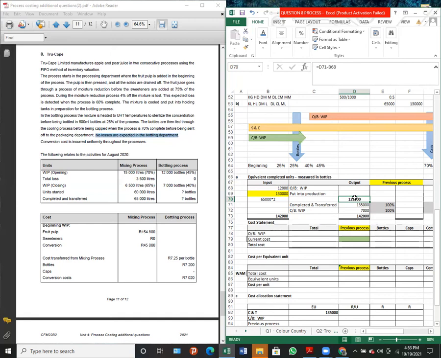For now, guys, I'm just telling you, they can give you something like this and ask you what is the started and completed, or they can give you the started and completed and transfer and ask you the opening. Be careful, guys, on this.